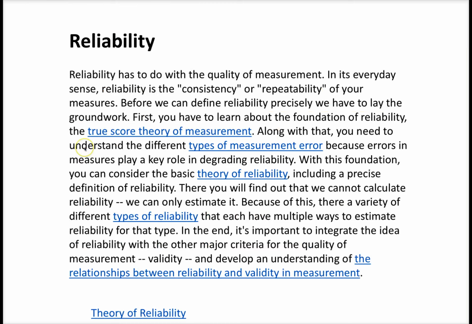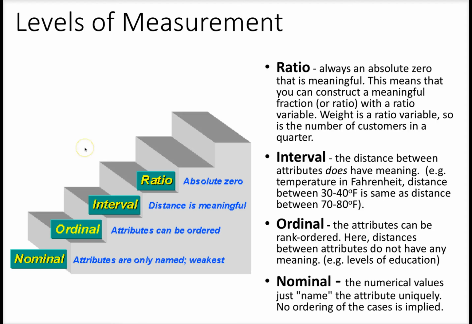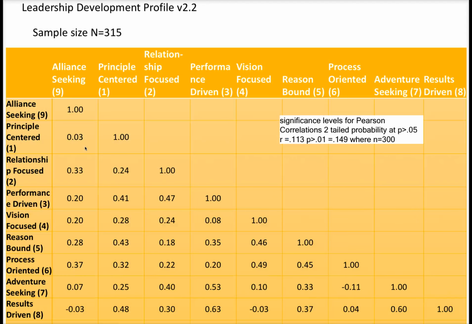Here we have a very low correlation, which is close to 0. And then we have some very strong correlations, like this 0.53 between performance-driven and adventure-seeking.